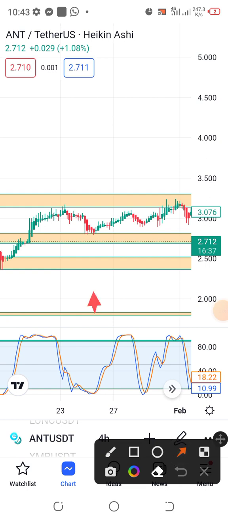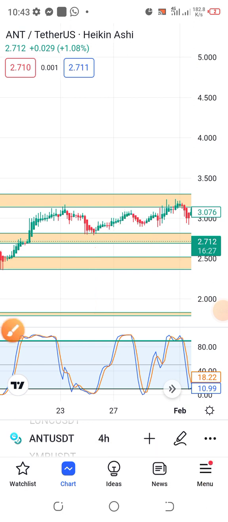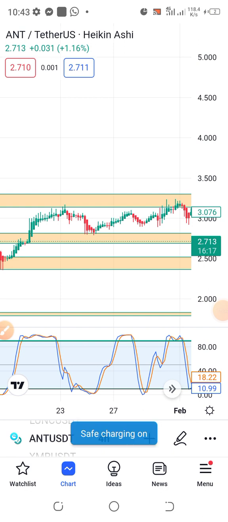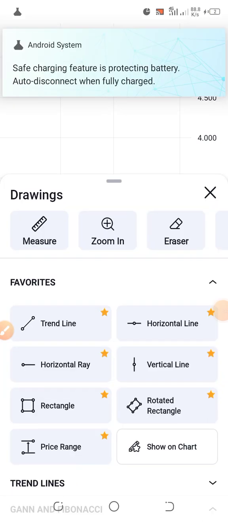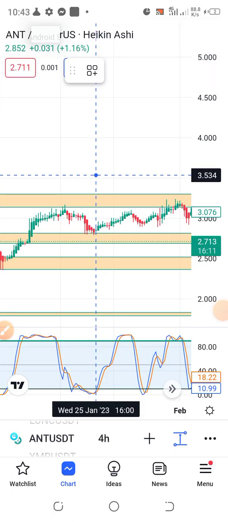So you see this coin closed above the resistance line with this candle, and then the green candle formed. That was a good entry. So you enter from there and you take just your percentage from there up to here, that is almost 9.6%.